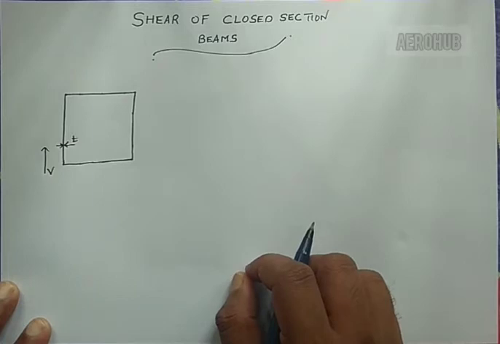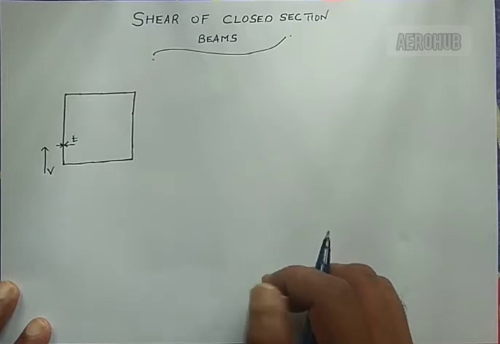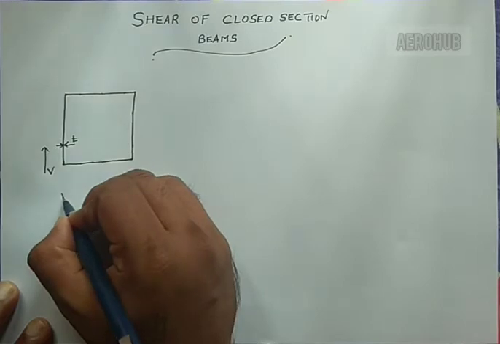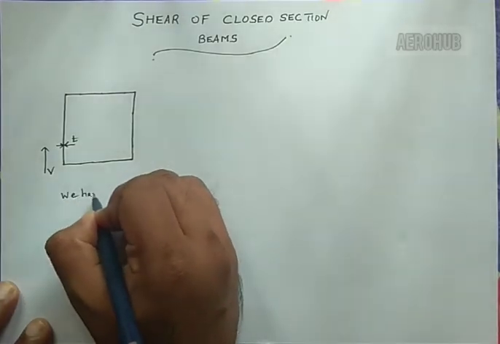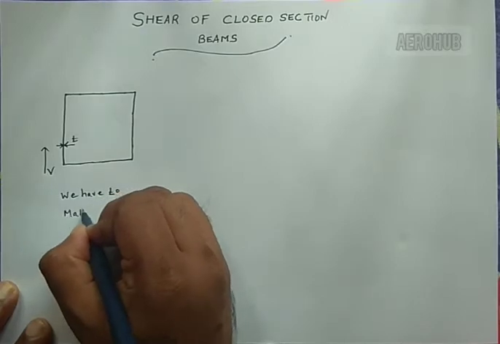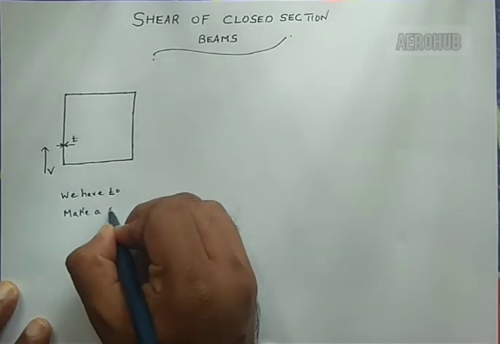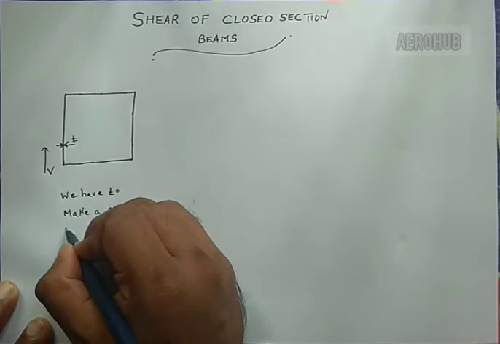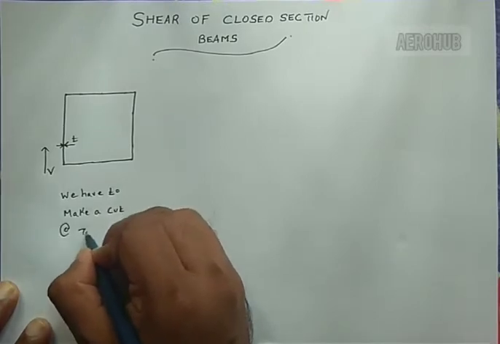Now to analyze these types of problems, especially the shear flow distribution of closed section beams, we have to make a cut at a transverse member.